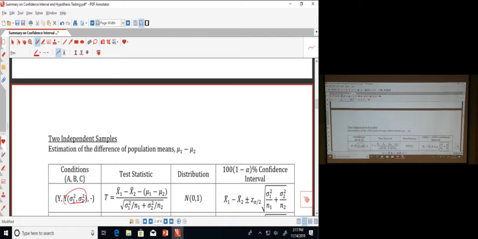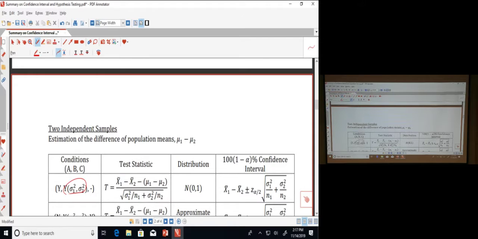So the test statistic is x1 bar minus x2 bar. Because we're looking at mu1 minus mu2, naturally we look at the difference of the two sample means as an estimate. Minus its expectation, divided by, what is the denominator? The quantity in the denominator represents the standard error of x1 bar minus x2 bar.